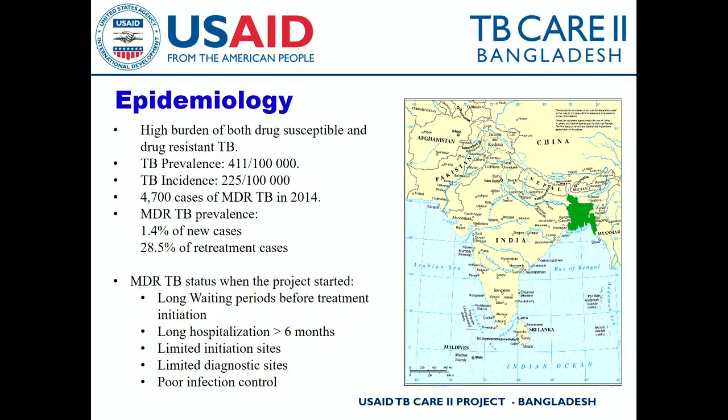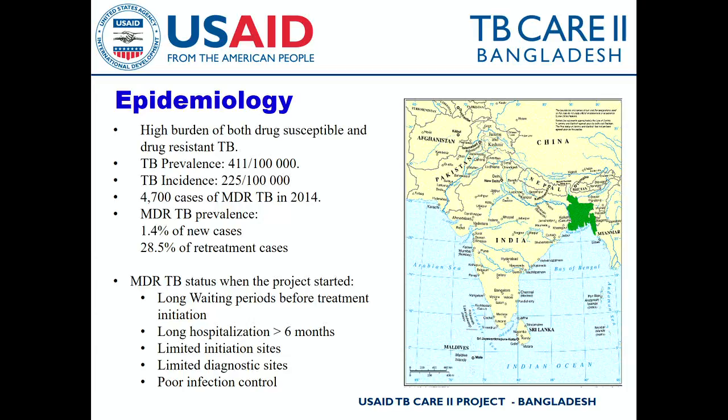This is the data according to the last DRS, where 1.4% of all new cases were diagnosed as drug-resistant TB, and 28.5% of the retreatment cases were diagnosed with MDR-TB. Now, what was the reasoning for this?